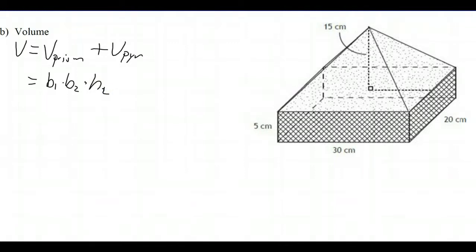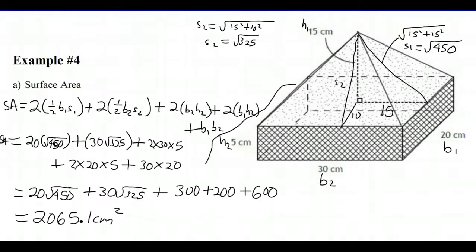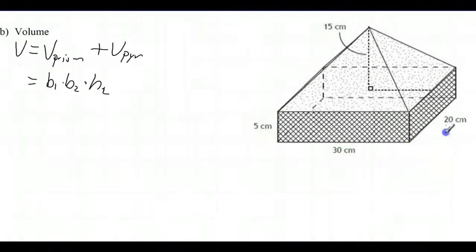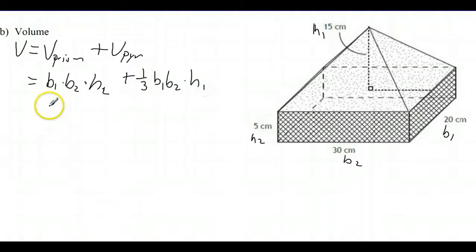So B1, B2, H2, plus the pyramid, 1/3 the area of the base, so B1, B2 times the height H1.